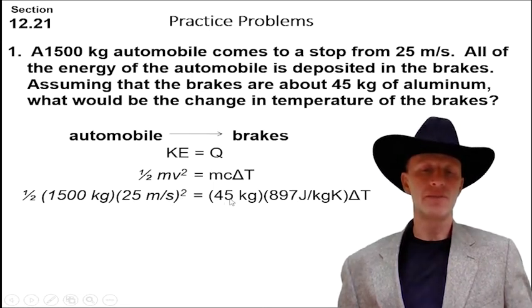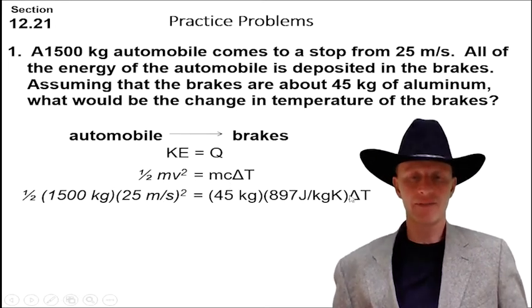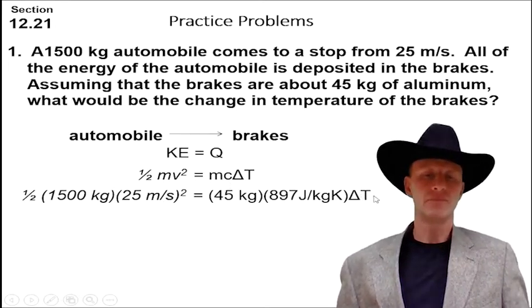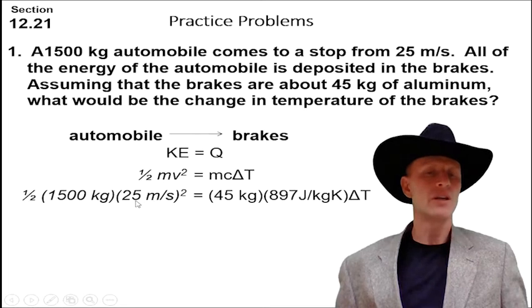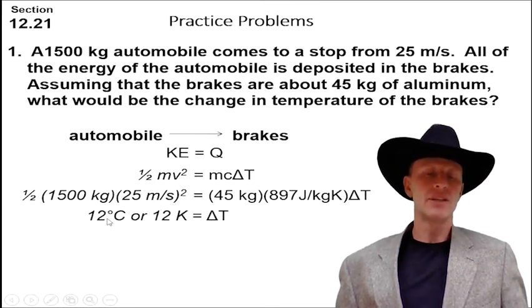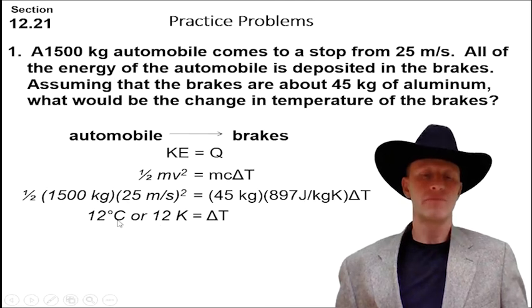This is the 45 kilogram mass of the brakes. The brakes material is aluminum, which has a specific heat, the c, of 897, times that delta T. So on your calculators, 1/2 times 1,500 times 25 squared, divided by 45, divided by 897, gives us a change in temperature of 12 K, or 12 degrees C.